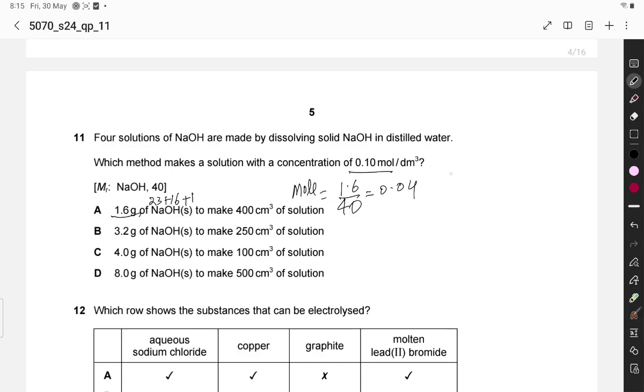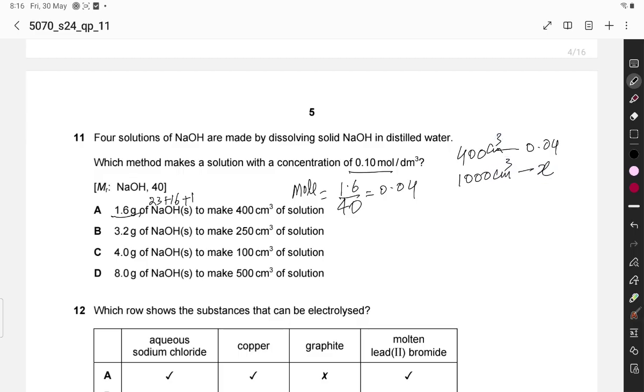Mole is equal to mass over Mr. So the 400 centimeter cube contains 0.04 mole, so what would be the mole in 1000 centimeter cube?